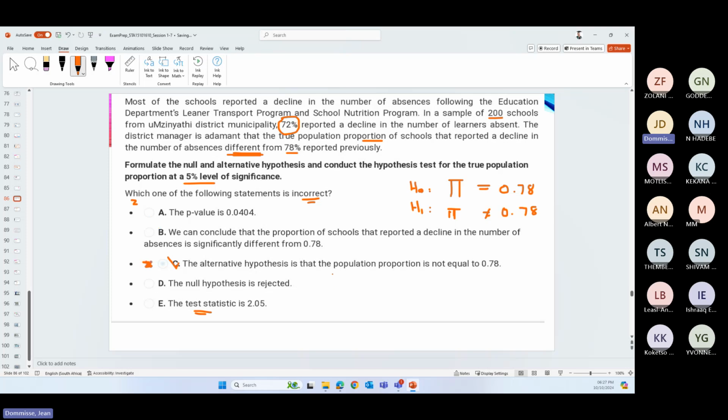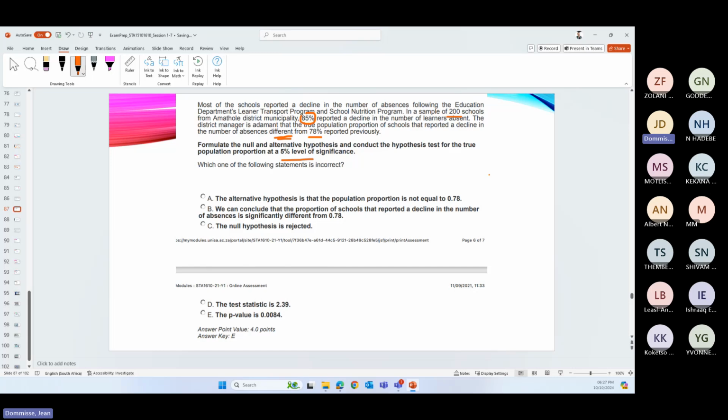So on this one, it would have been exactly the same. The null hypothesis is, sorry, that should be the null hypothesis, the proportion is equal to 0.78, and the alternative hypothesis is, because they say different, not equal to 0.78.